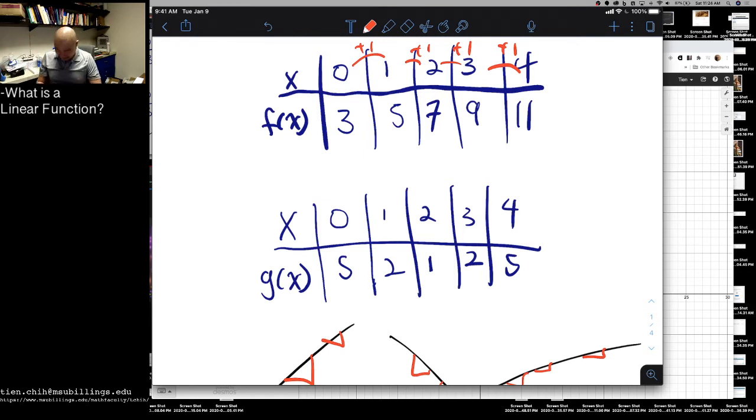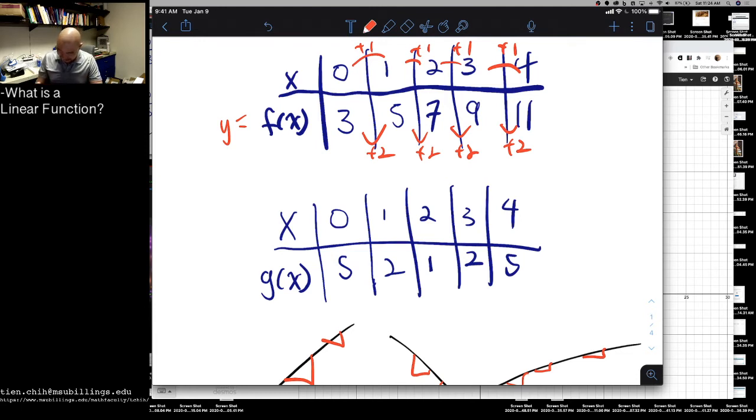And if I look at my output values, generally represented by the variable y, we see every time x goes up by 1, y goes up by 2, y goes up by 2 again, y goes up by 2 again, y goes up by 2 again. All right. And so this description of a function looks like it could represent a linear function.